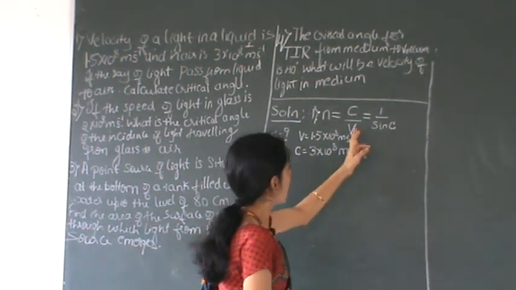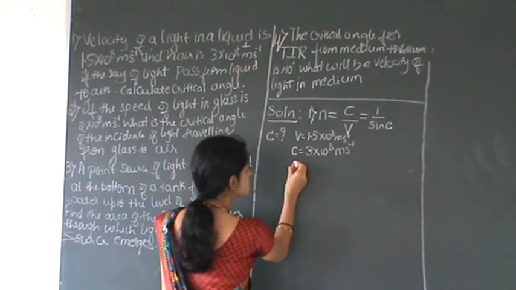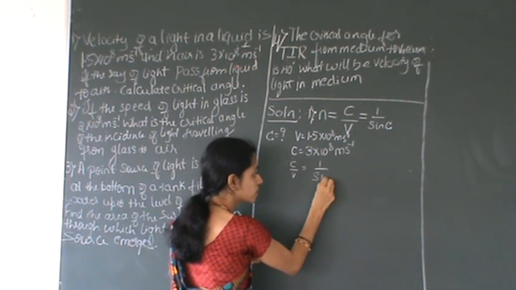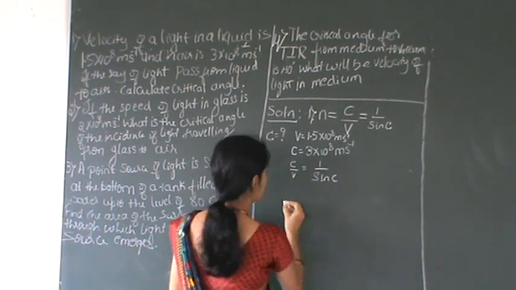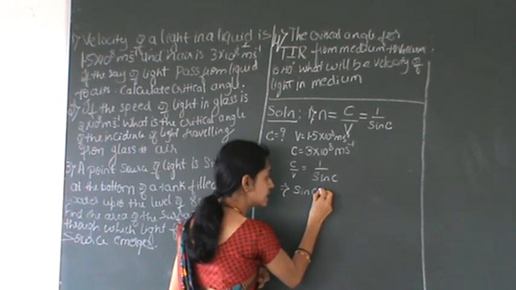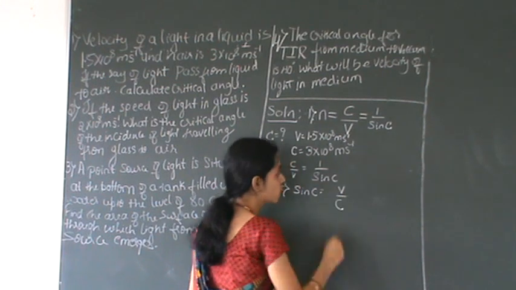I will use these two relations. c/v = 1/sin c, or I will write sin c = v/c.